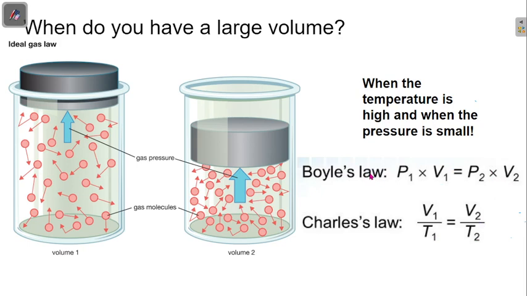So what happens here? If you want the volume to be large, what does it mean in terms of the pressure? If you want this to be large, the pressure has to decrease. It needs to be small. In Charles' law, if you want your volume to be large, the temperature needs to be large or small. You tell me. Think about it for a minute, because I'm going to be asking you questions like these.